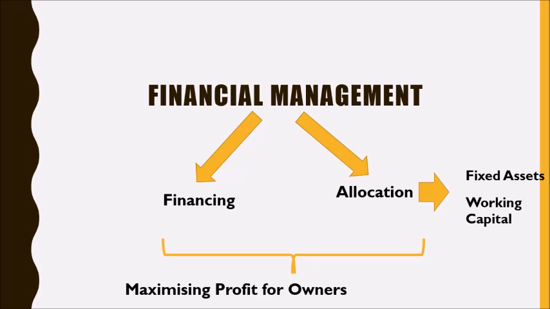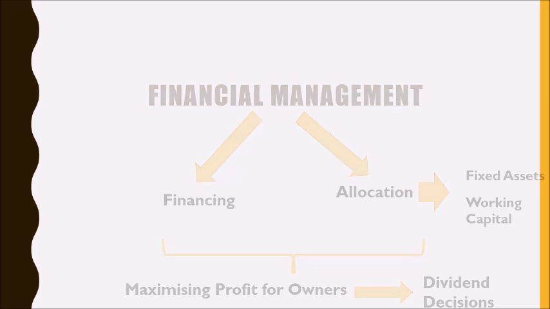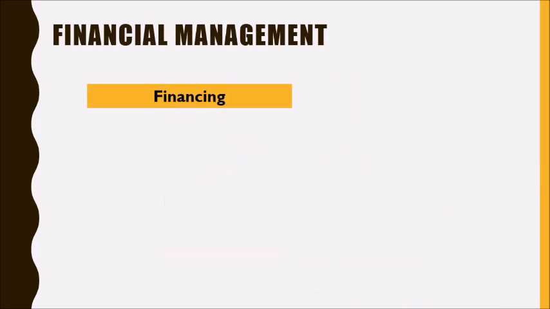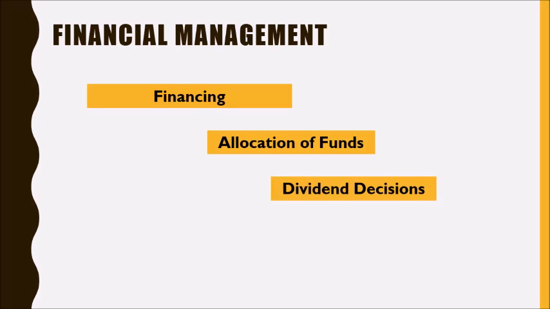So we can say financial management is concerned with financing decisions, then allocation decisions, and profit distribution, which we call dividend decisions. To put it in a nutshell, financial management is concerned with financing, allocation of funds, and dividend decisions.